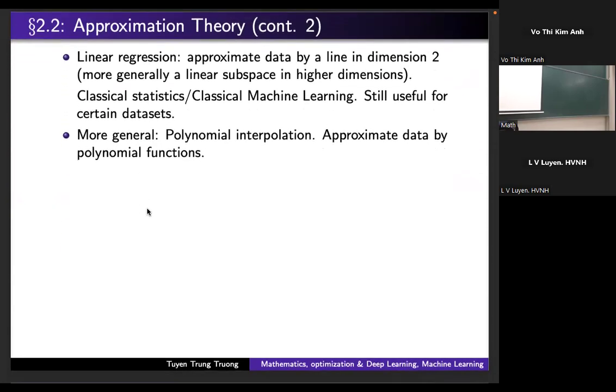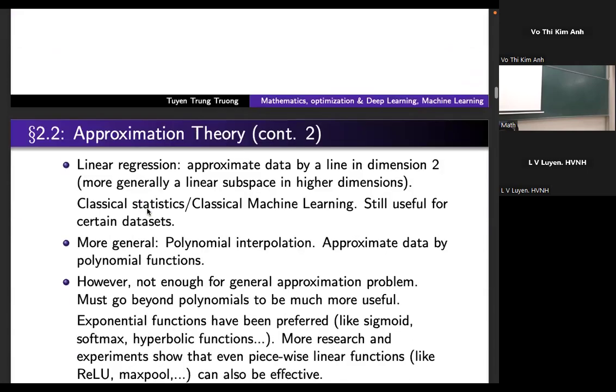And not just linear regression, you can also use polynomial interpolation. You use higher degrees, and it's better, but still not good enough.